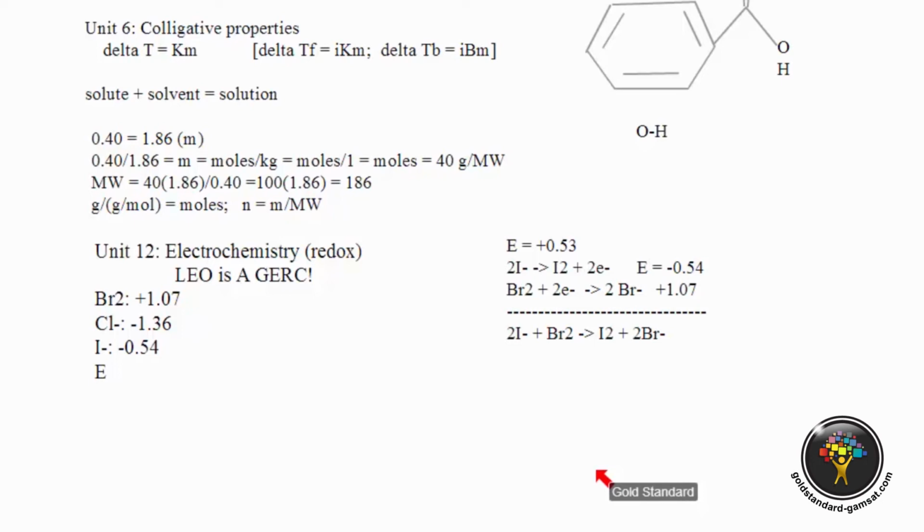Moving on to question 30, which would reduce a solution of H+. So we're looking at question 30. Which of the following species would reduce a solution of H+ to H2? So reduce, again, reduce is the GER part. So gain electrons is reduction.